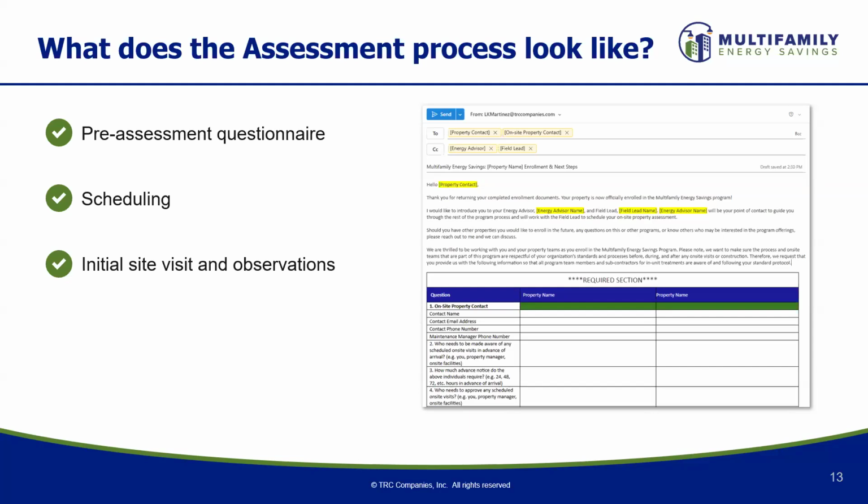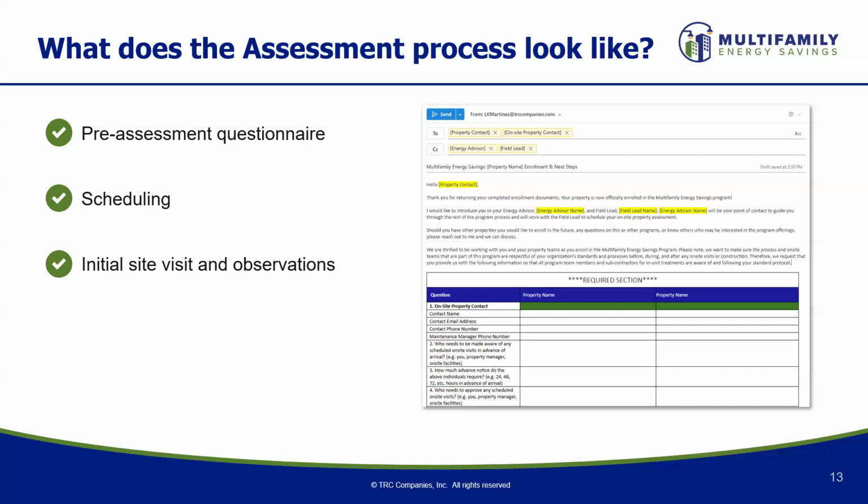After the property has been enrolled, the enrollment lead is going to send you an email introducing you to your energy lead and your field lead, along with an optional pre-assessment survey. That's a brief survey, about 8 questions that you see on the screen now. It's optional, but it does help. Our goal is to get the assessment scheduled within 2 weeks of the enrollment lead sending that survey out.